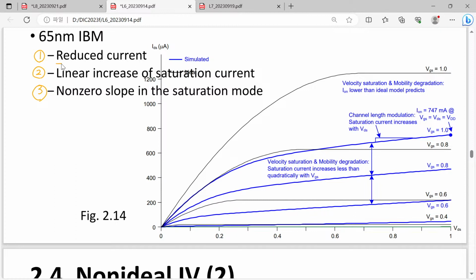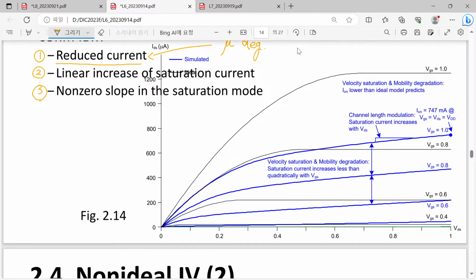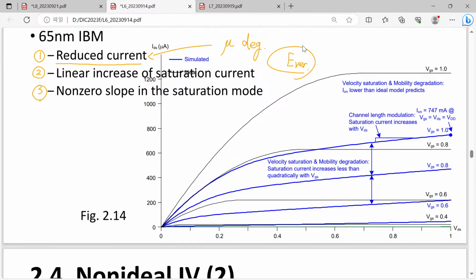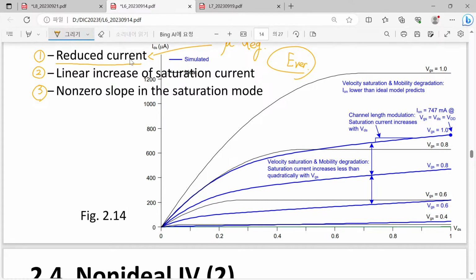We have understood there is a reduction of current, and the main reason for this reduction of current was the mobility degradation due to what? Due to the vertical electric field. That's true. First of all, this gate-dependent mobility decrease has the number one priority for reduced current.